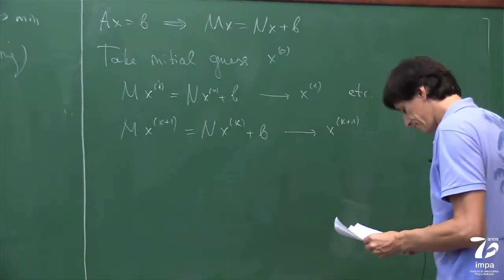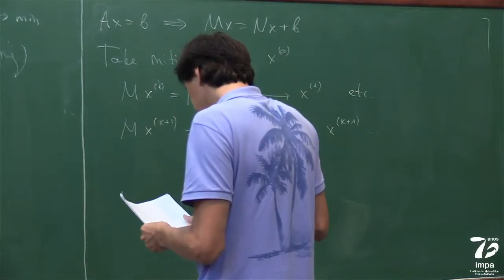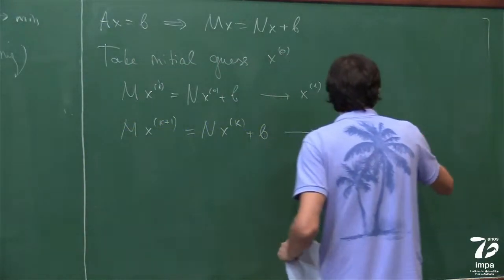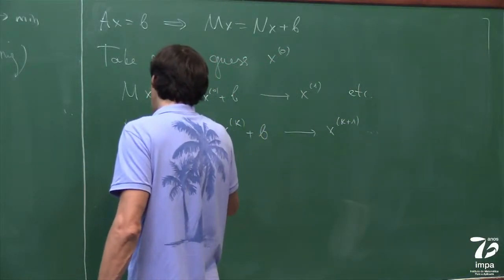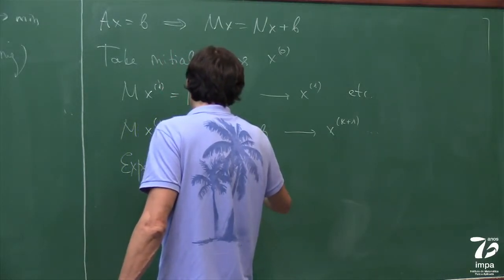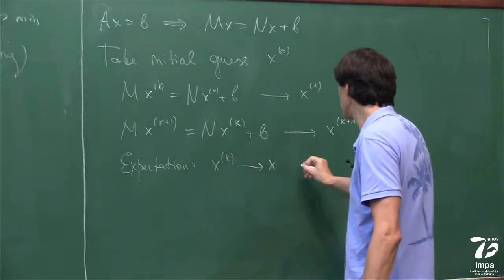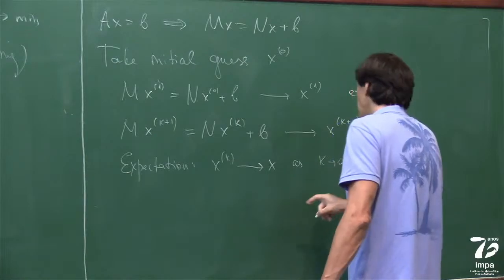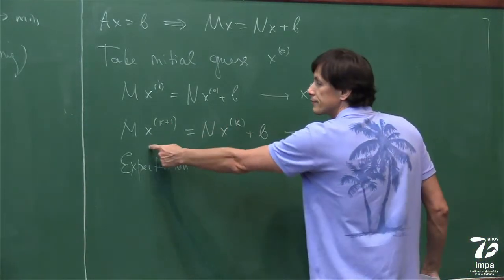And you do it for many steps, and the expectation is that the sequence converges to some x as k goes to infinity. And if it converges, you can take the limit on both sides, right?